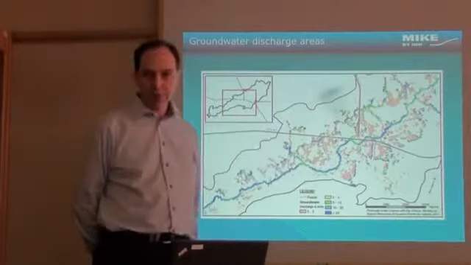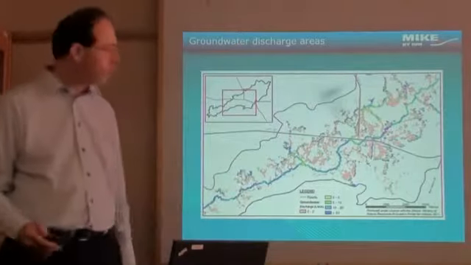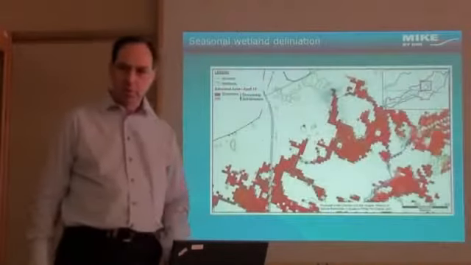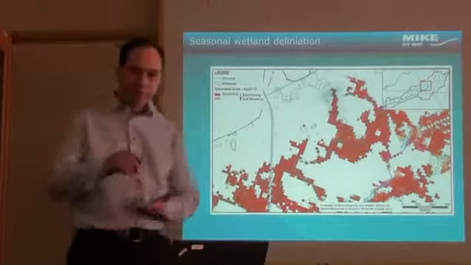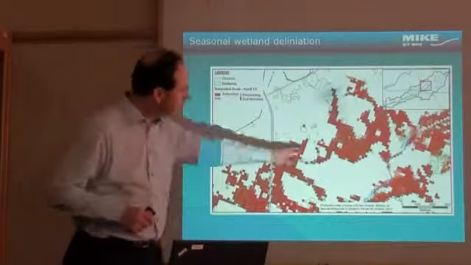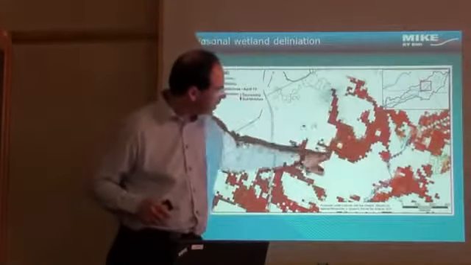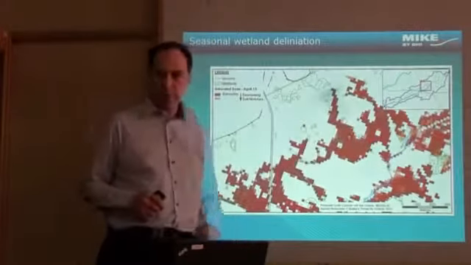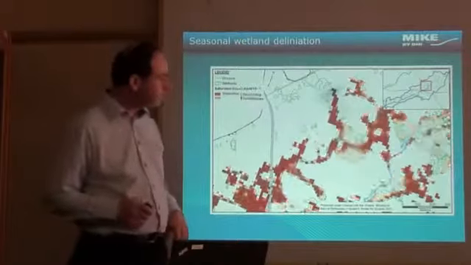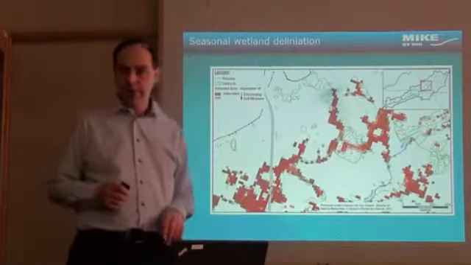So groundwater discharge areas today may be groundwater recharge areas tomorrow. And we can see that in the next picture here, where we're actually mapping, in the same model, basically wetland areas. And you can see that in the wet season, this wetland here actually maps very, very well onto what's pictured here as a wetland. But in fact, in the summer period, when it's dry, we see that it's not really all a wetland anymore.